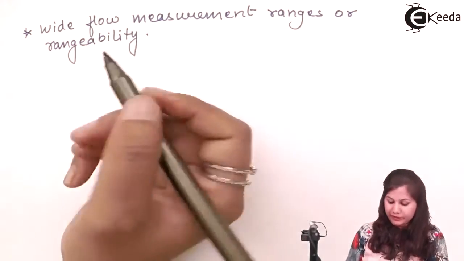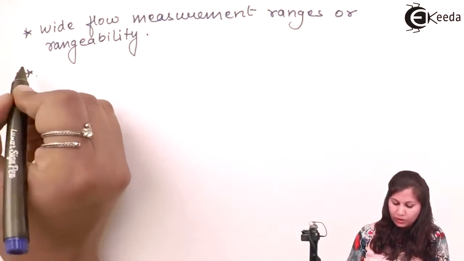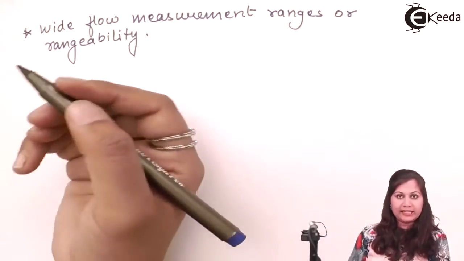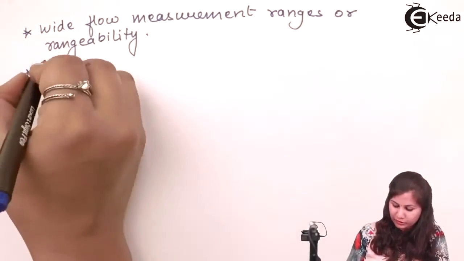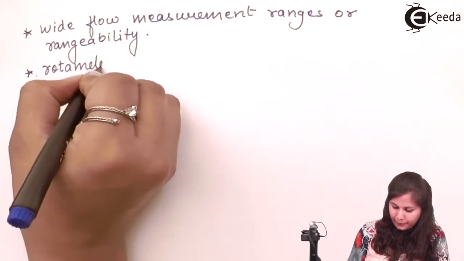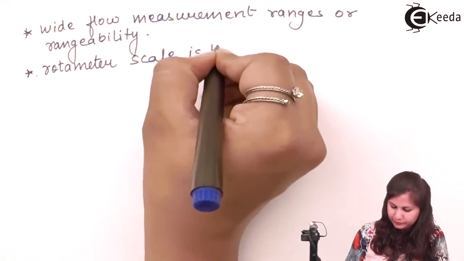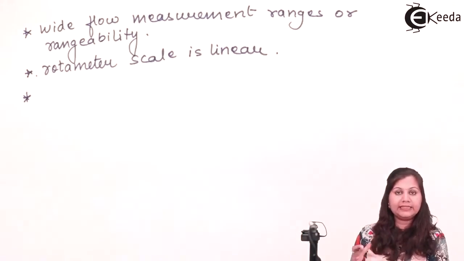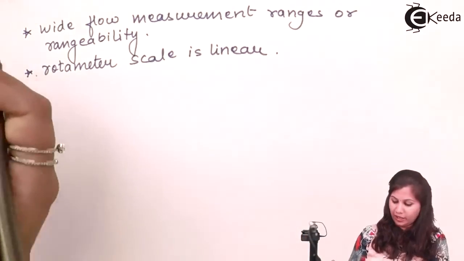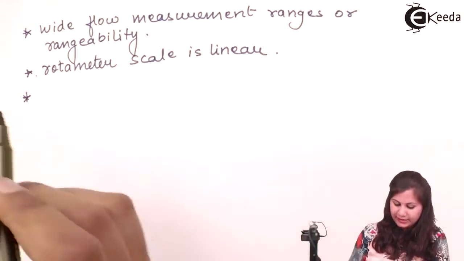So a wide rangeability is provided. Also, the rotameter scale is linear, so no non-linearity problem is there. The flow rate varies linearly with the change in the area, so its scale is a linear scale.